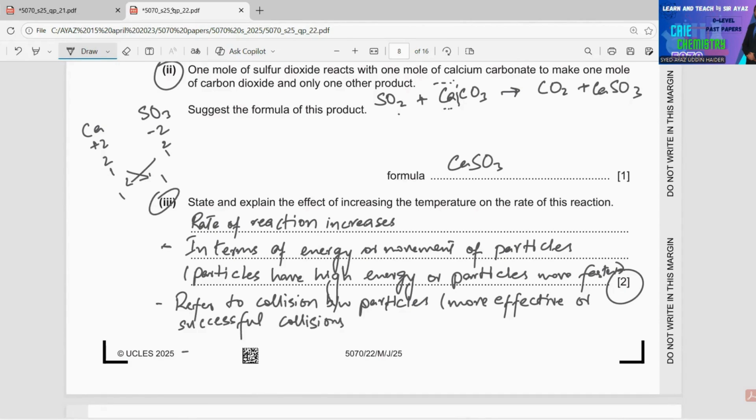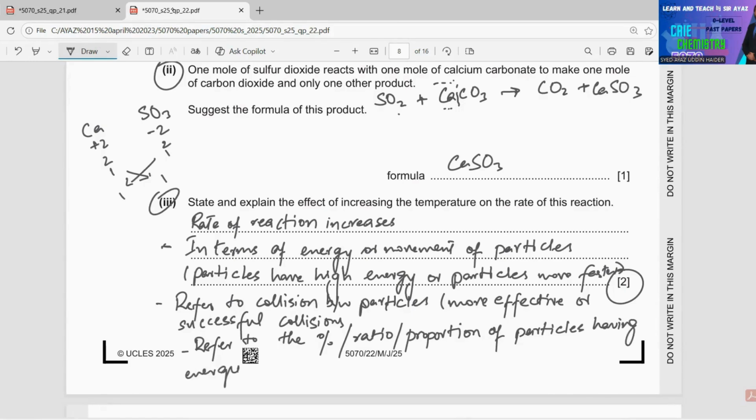You can even refer to the percent, ratio or proportion of particles having energy equal to or higher than activation energy.